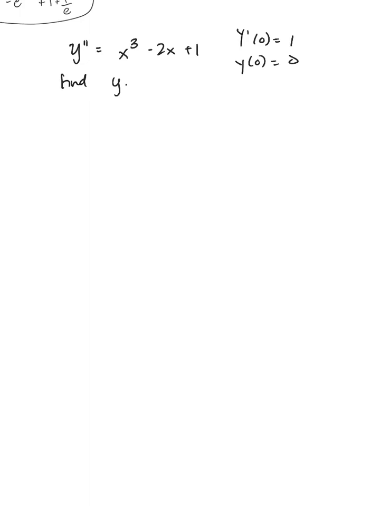Well, since I'm starting at the second derivative, I actually have to do this twice, which is why I need both initial conditions. So d squared y over dx squared is equal to x to the third minus 2x plus 1.